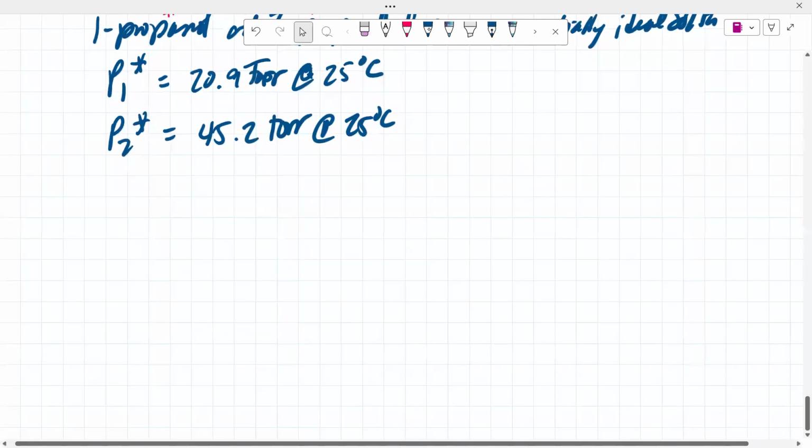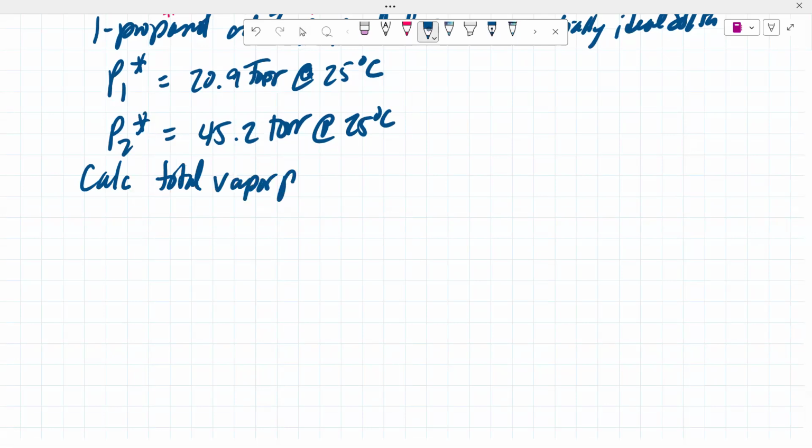And now we have a question like this: calculate the total vapor pressure at chi2 equals 0.75. All right, so how would we solve this?